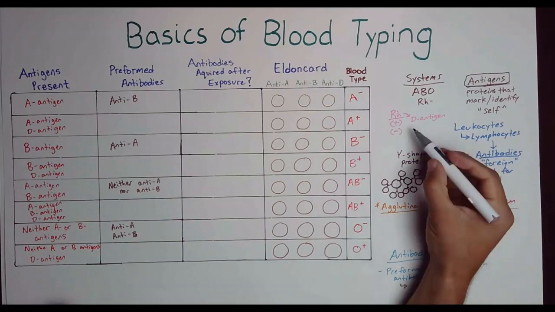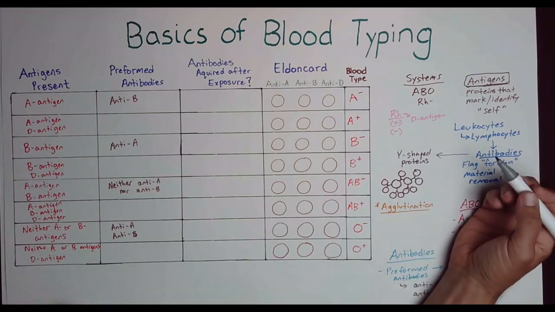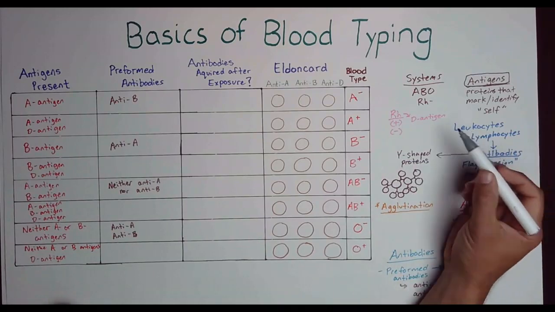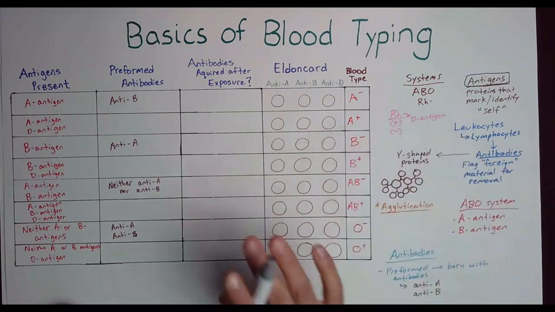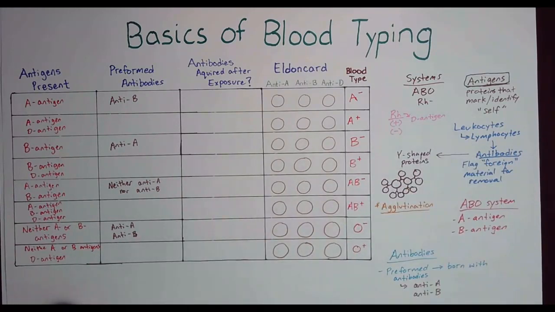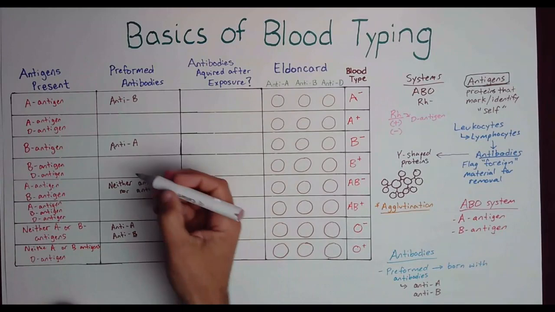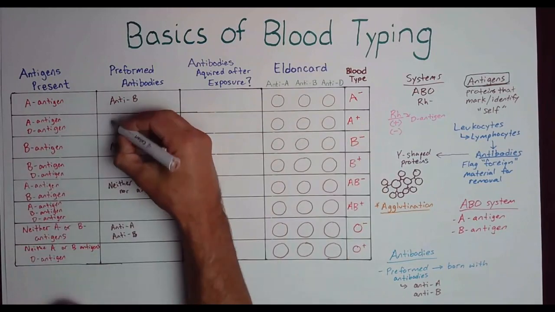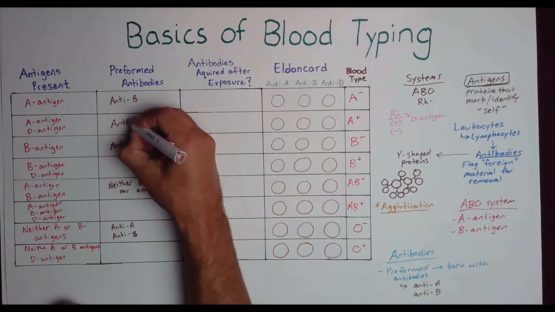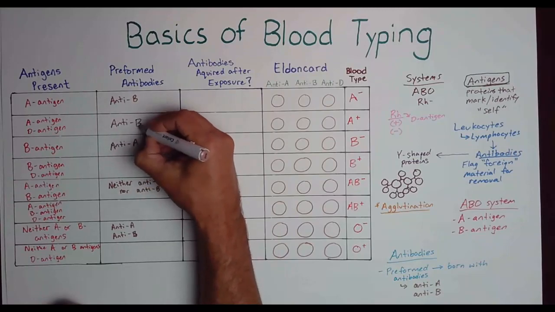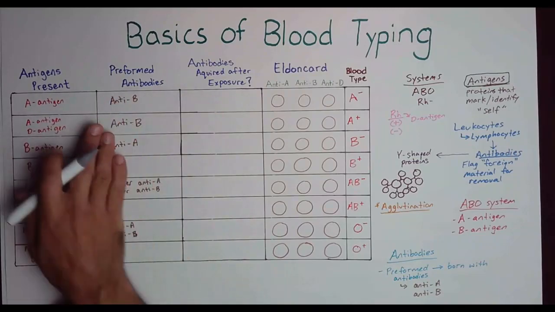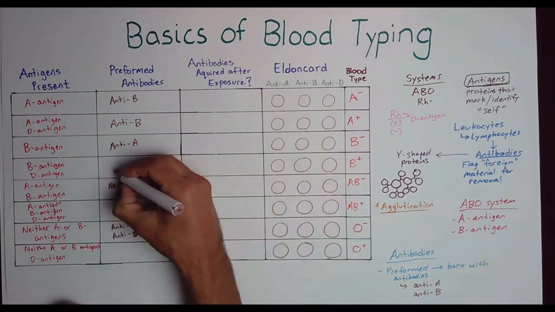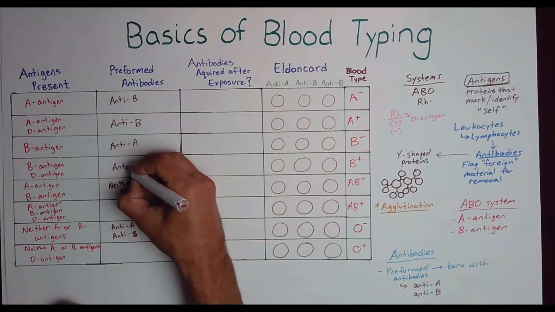What makes the RH unique is that it does not have preformed antibodies for it. This D antigen, we don't have antibodies that we're born with that can fight it. So a person that is A positive, they only have anti-B that they are born with. Somebody that is B positive, they still only have anti-A.